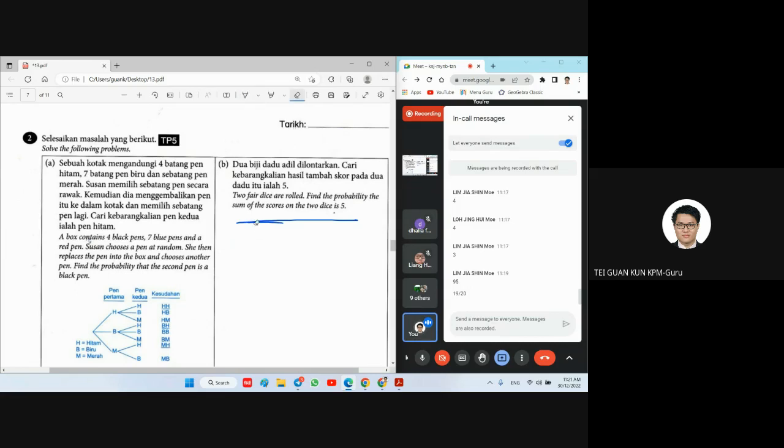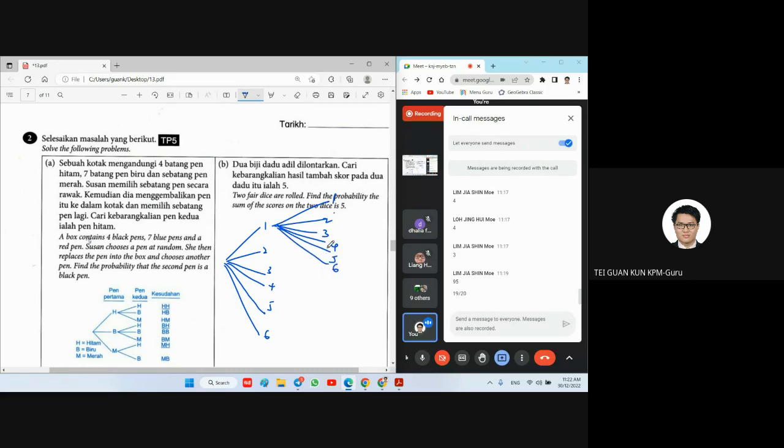Okay, easy if we draw table lah untuk ni. Kenapa kalau guna tree diagram nanti, for example, if you want to draw the tree diagram, so you kena buat macam ni, 1, 2, 3, 4, 5, 6. Lepas tu 1, 2, 3, 4, 5, 6.